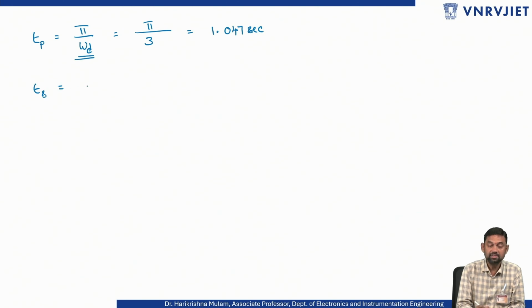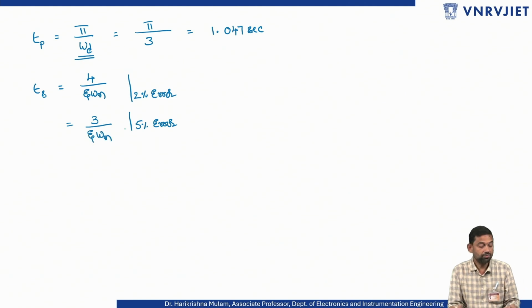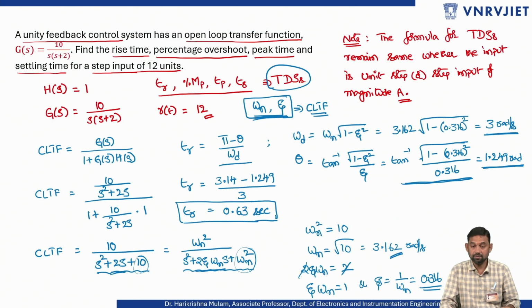Then settling time. We already told, generally we will compute settling time for an error of 2% steady state error or for an error of 5% steady state error. The settling time formula for 2% steady state error is given by 4 by zeta omega n, whereas for 5% steady state error it is 3 by zeta omega n. If you see previously here, we could show that zeta omega n value is equal to 1 in this calculation.